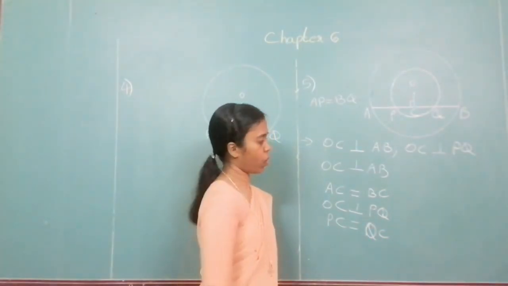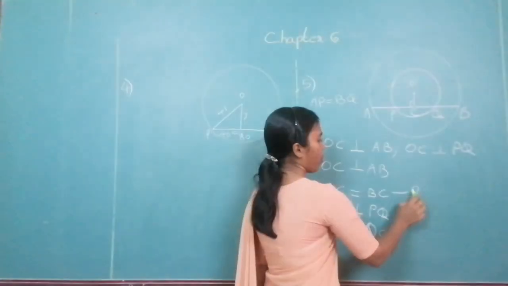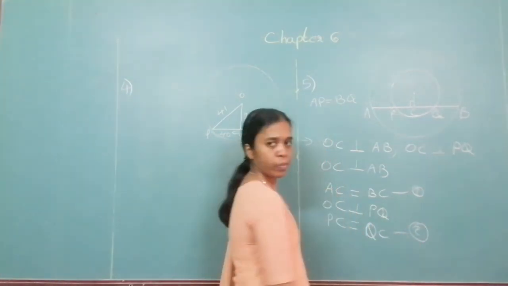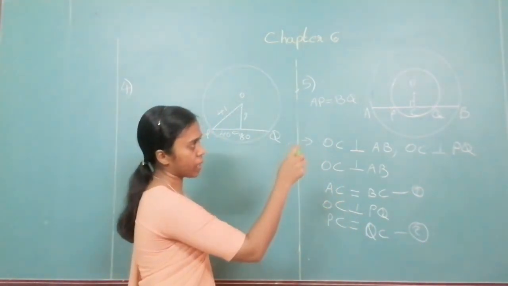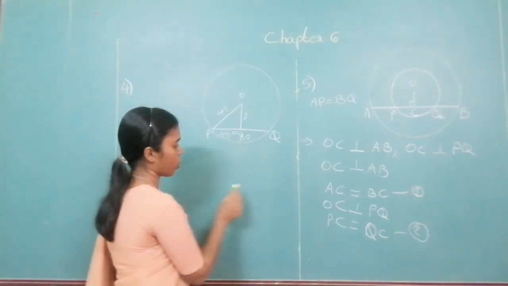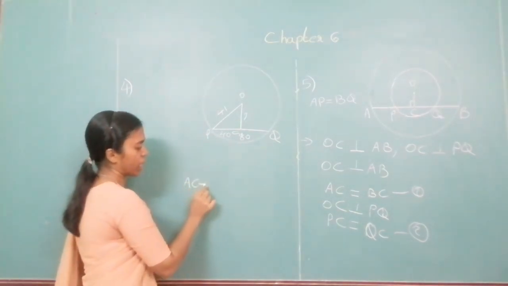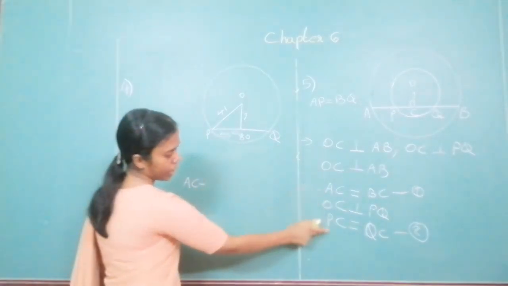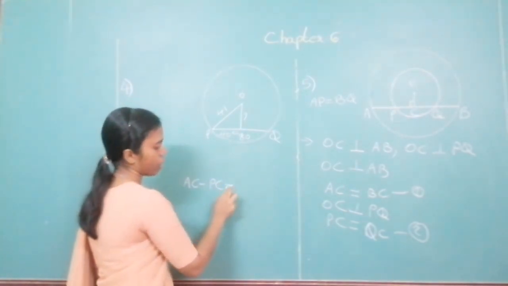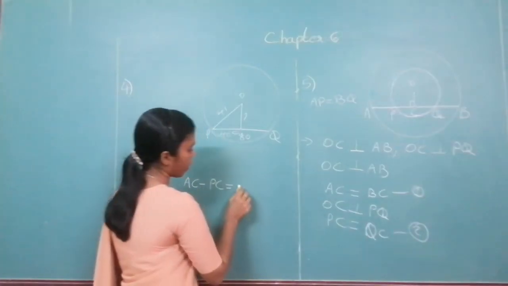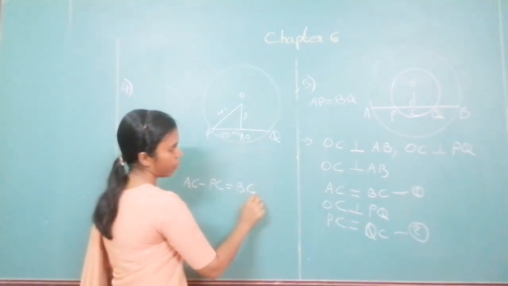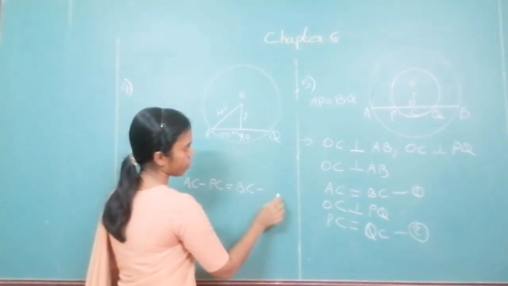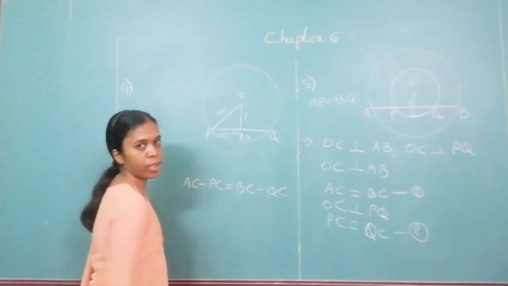From 1 and 2, we are subtracting AC minus PC. From 1 and 2, AC minus PC is equal to, write the right hand side, that is BC minus QC.